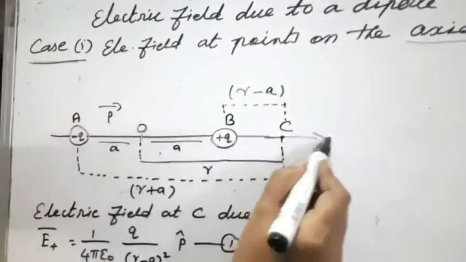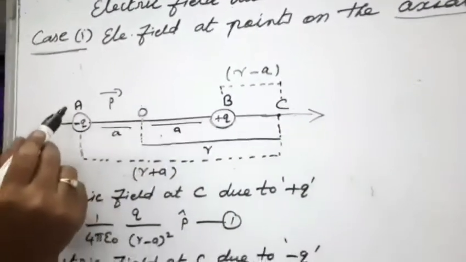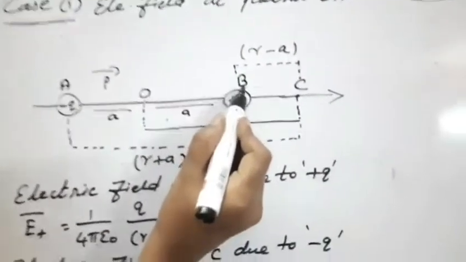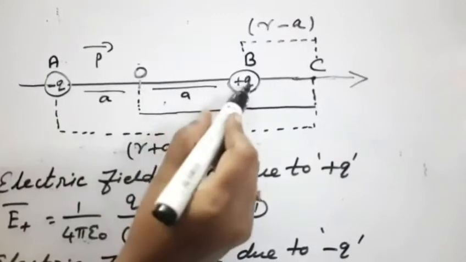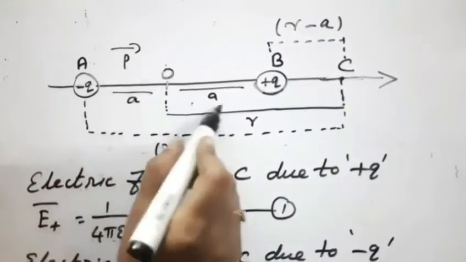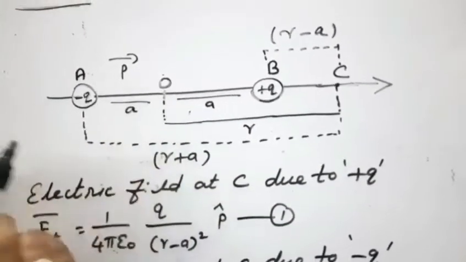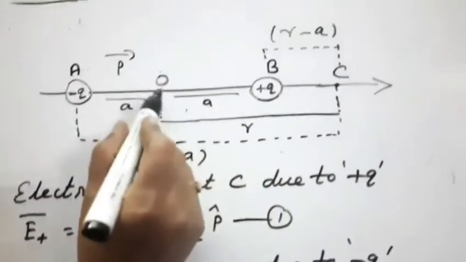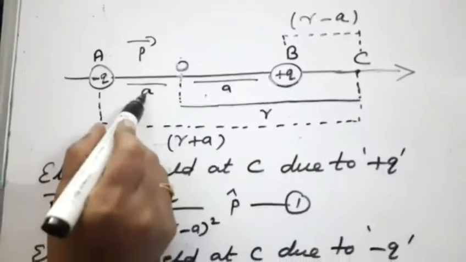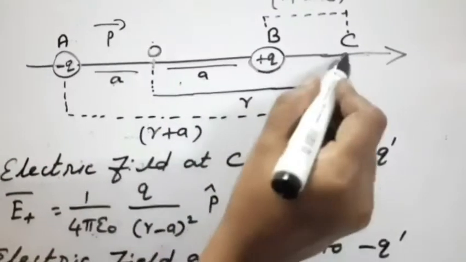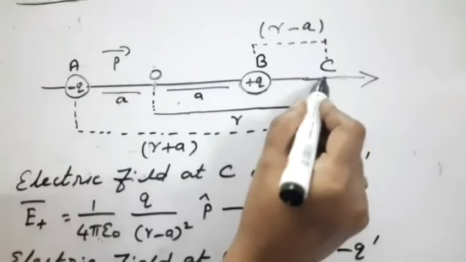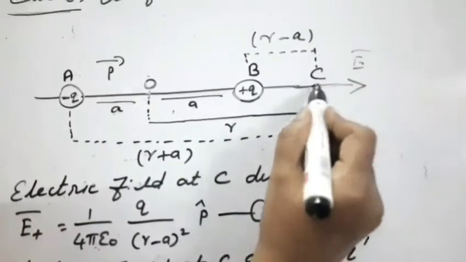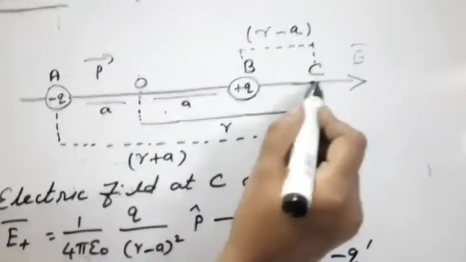Here the minus q charge is represented by the point A, and the plus q charge by the point B. In between, the distance is 2a and the center point is origin O. From O to B the distance is a. From O to A the distance is a, and then take another point C along the axial line. At this point we can calculate the total electric field. And from the origin to C the distance is r.